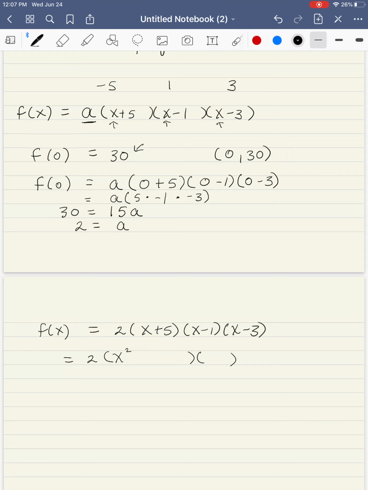And then I can FOIL this all out. I'm just going to choose the first two to multiply and get a quadratic. x squared plus 5x minus x is plus 4x minus 5, still times x minus 3. And then distribute here. Let's see, minus 12x minus 5x plus 15.